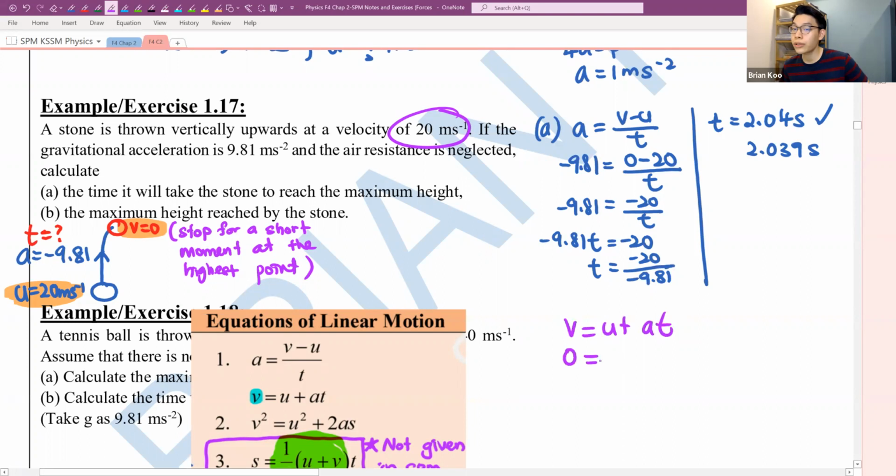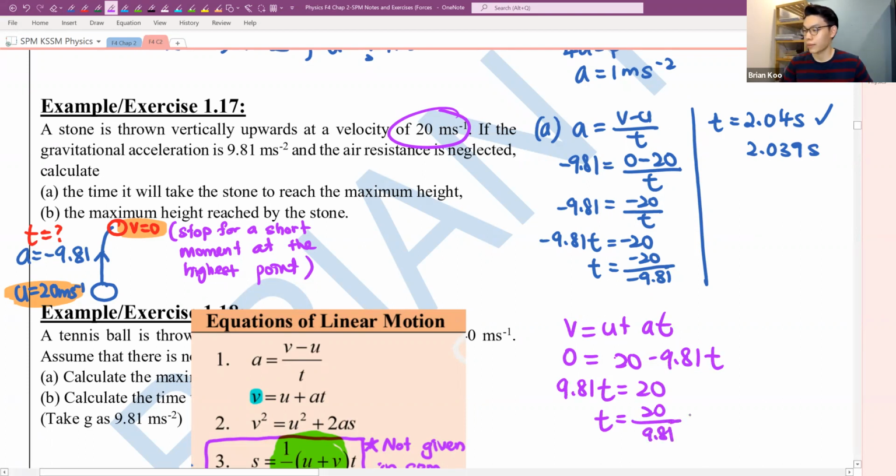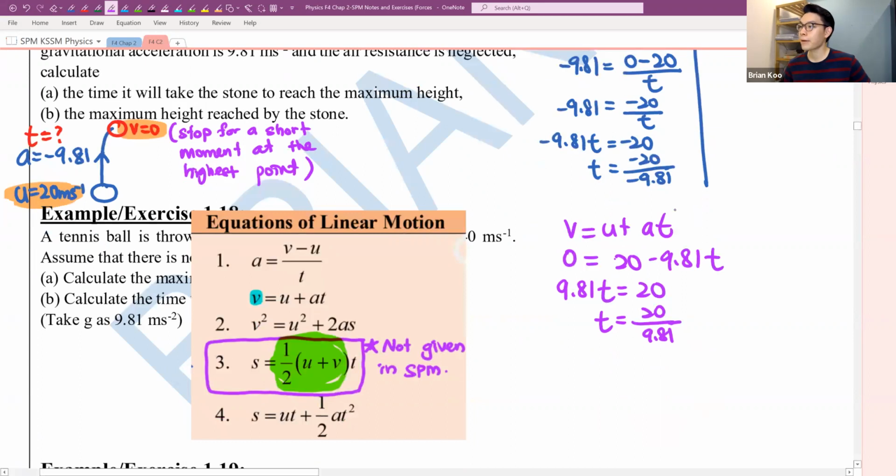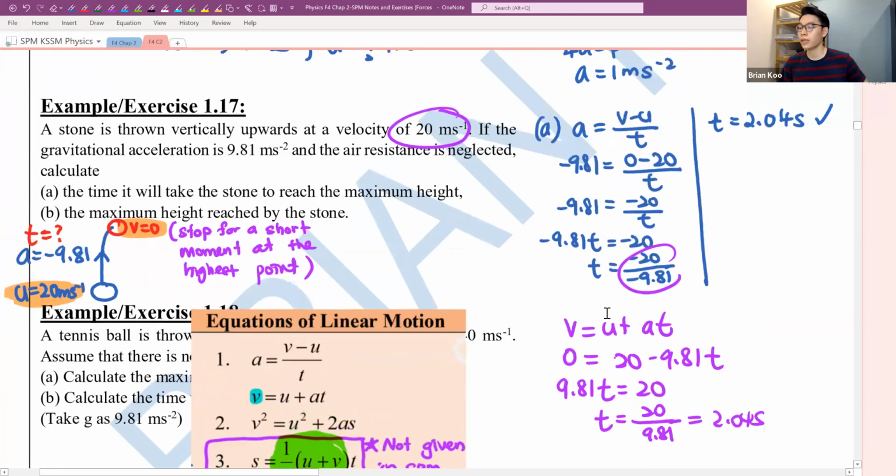V is 0, U is 20, A is negative 9.81, T is this. Oh, this is a lot faster. Sorry. But same, if you are fast, you can go straight there. So it's 20 divided by 9.81. Same, 20 divided by 9.81 is 2.04. Either one.